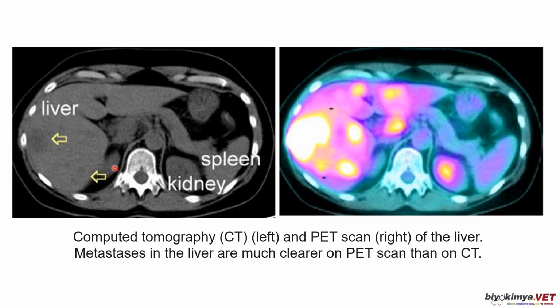In the PET, the shining areas are the metastatic areas, and it is much clearer on PET. PET, or positron emission tomography, is a modern nuclear medical imaging technique. This technique allows some form of molecular imaging of a biological function in the body. PET images have a higher sensitivity than other imaging techniques.